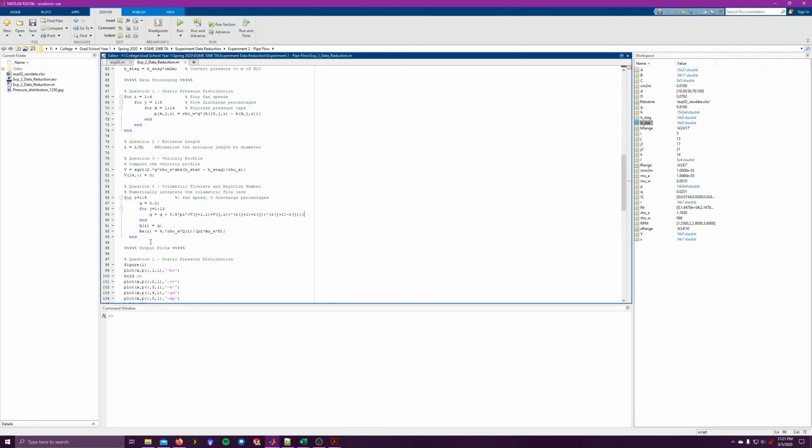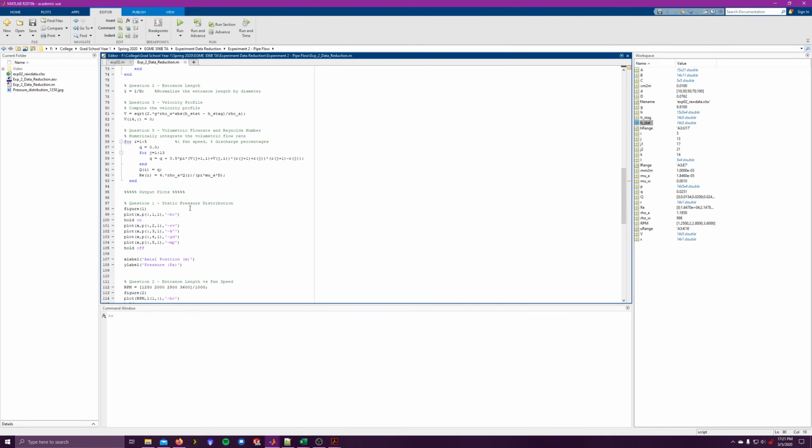So basically it's going to loop where we have some value, and then it will take that value here and then add on all of this stuff. And then it's going to do that from J equals 1 to 13. Okay, and then in the end, we're going to have our flow rate for each of those runs for the 5 discharge percentages, and that will be equal to our small q that we calculated up here.